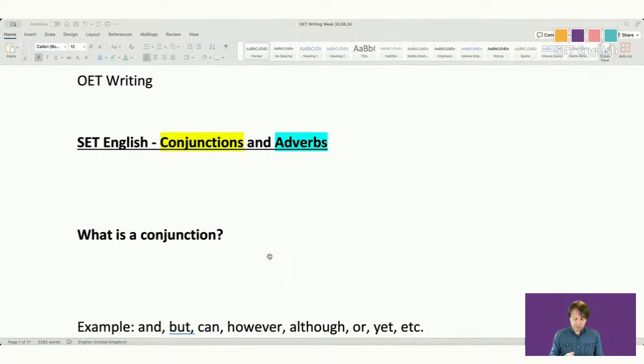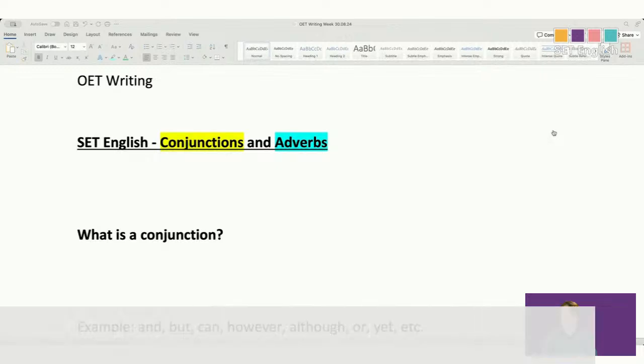Can anyone here tell me? I will be responding to you guys, but I want to ask that question to you all. What is a conjunction? Put it here. Look at this.